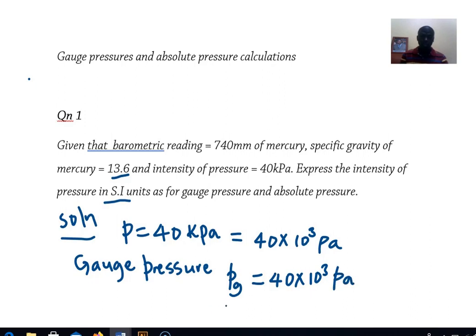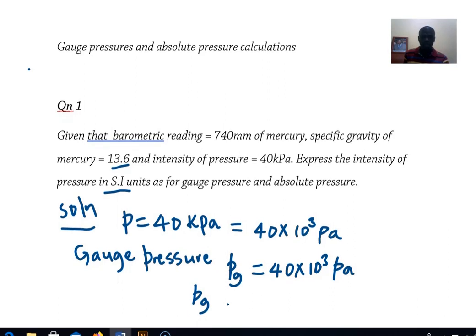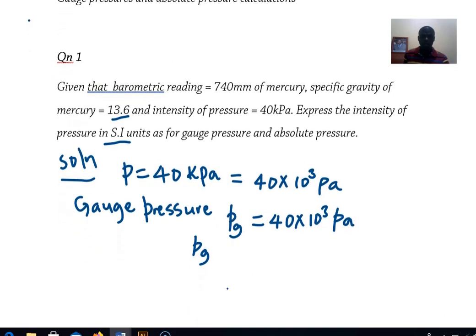It can also be equal to 40 times 10 power 3 Newton per square meter.